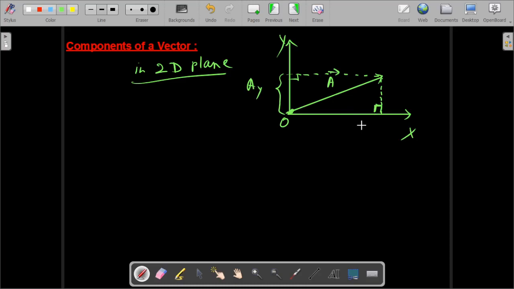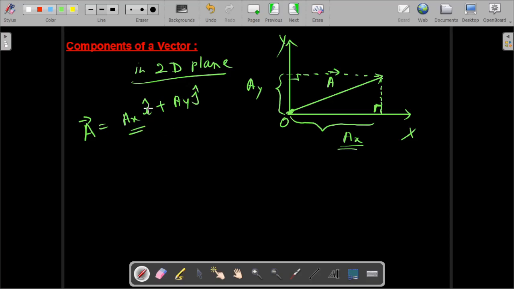This will be the vector component. Suppose I denote it in this way. That means in the direction of the x-axis its value will be ax, and in the direction of the y-axis its value will be ay. Now how can we write this given vector in two components? We simply write this way, ax plus ay.